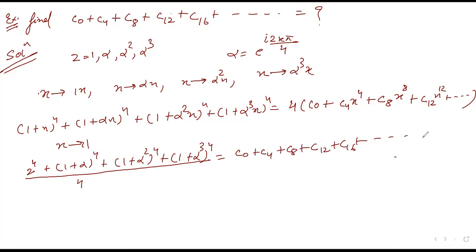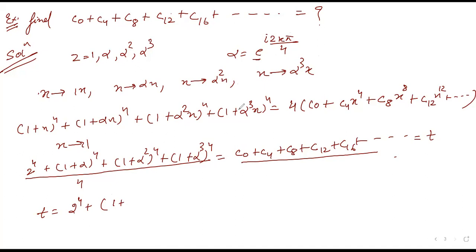Now suppose this given term is t. I'm just considering this one as t, because every time I don't want to write this long expression. So t will be equal to 2 raised to the power 4 plus 1 plus alpha. What will 1 plus alpha be?